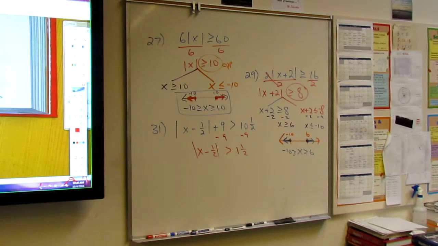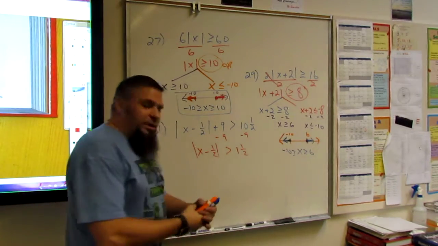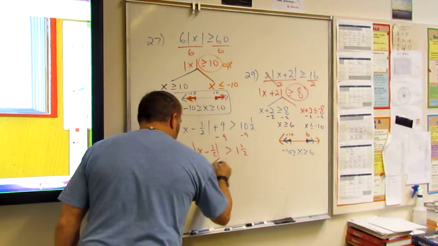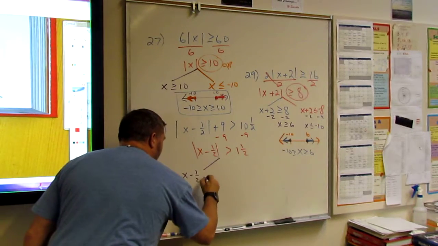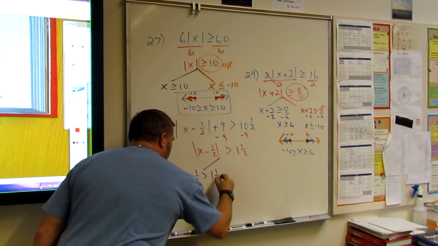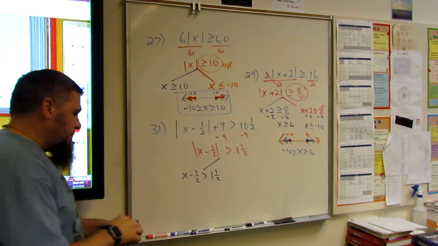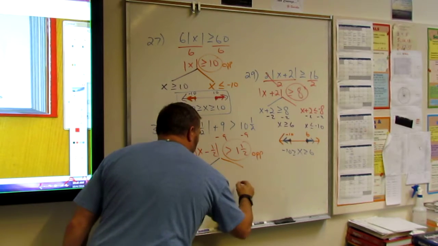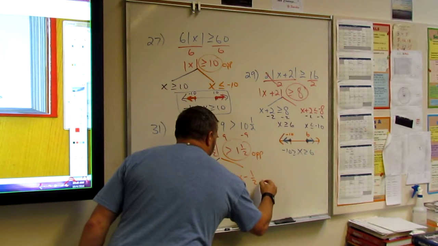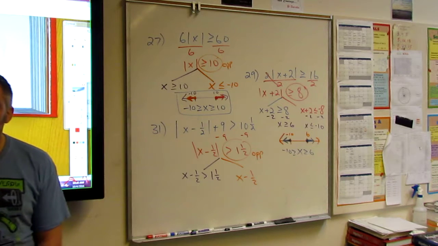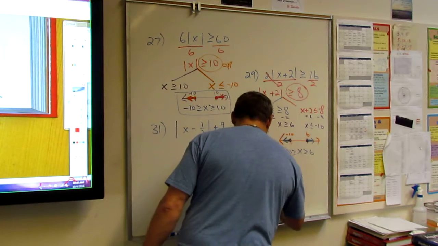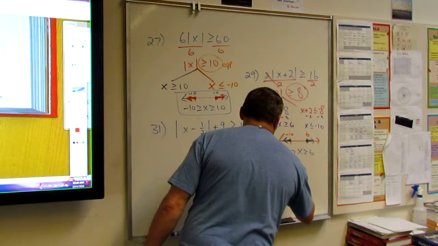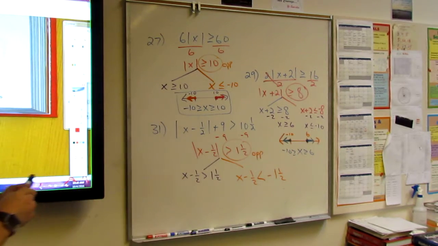Right? So then, I split it up. X minus 1/2 is greater than 1.5. This has to be the opposite. X minus 1/2 is what? Less than negative 1 and 1/2. Okay, then I just do the math.